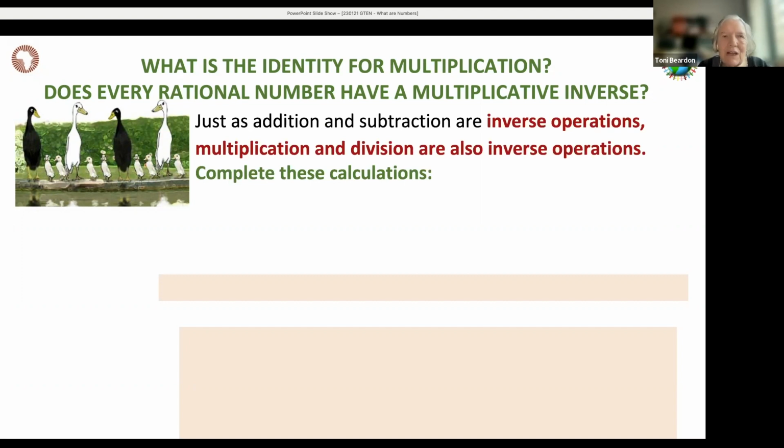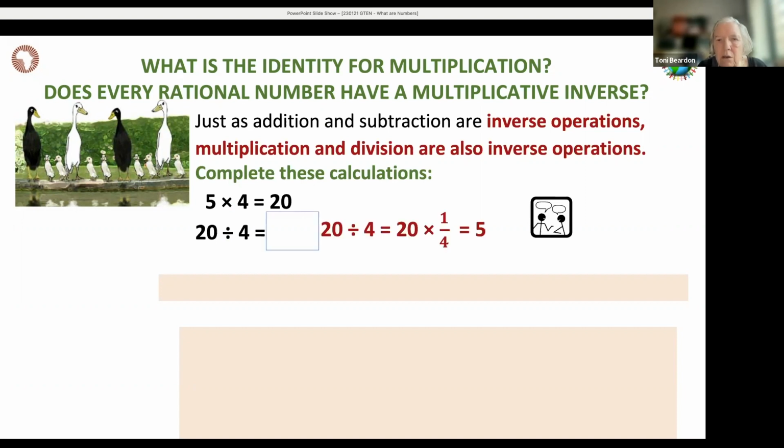So we're just extending the ideas a bit more. So now, just as 5 times 4 is 20, 20 divided by 4 gives us 5.